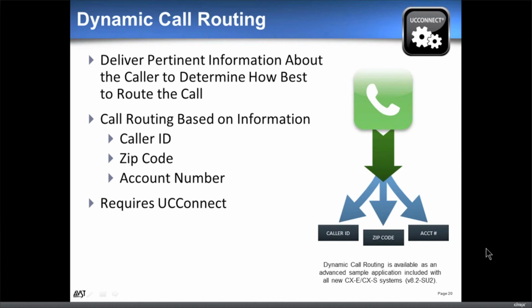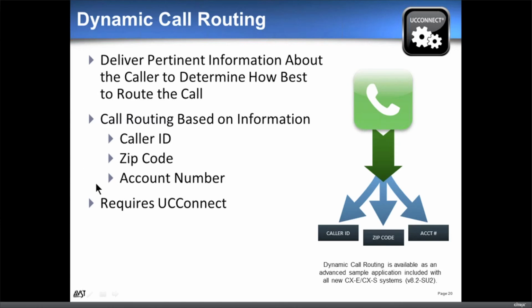And one of the things that we've included within the latest release of the CX platform, version 8.2 with Service Update 2 applied: for our existing Call Express customers that are on the line this afternoon, upgrading to Service Update 2, version 8.2, if you have the UC Connect module licensed on your system, we include a couple of sample applications, one of which allows for even more enhanced routing of calls.